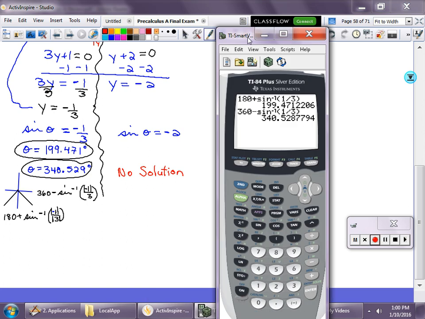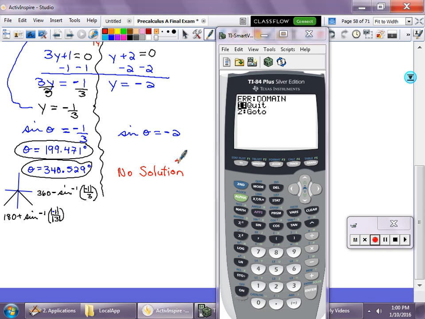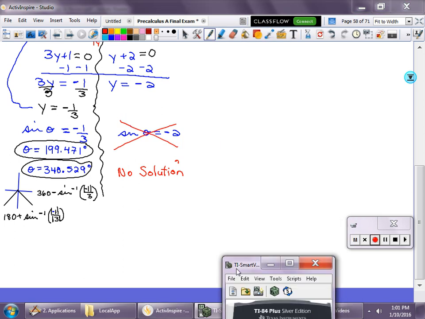Just press clear. So second sine, and I'm just going to put in 2, because we talked about the absolute value. Error: no domain. You could put negative 2, it will be the same thing. The reason is that this is larger than 1. All right, so cross this out. This does not exist. We reject it.